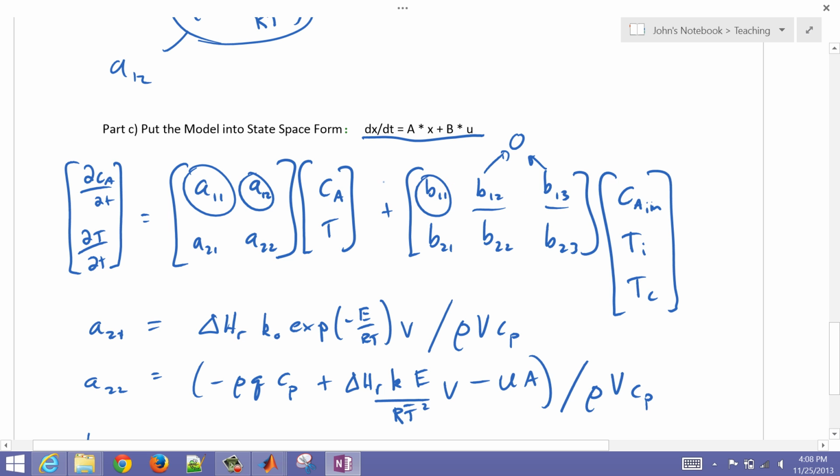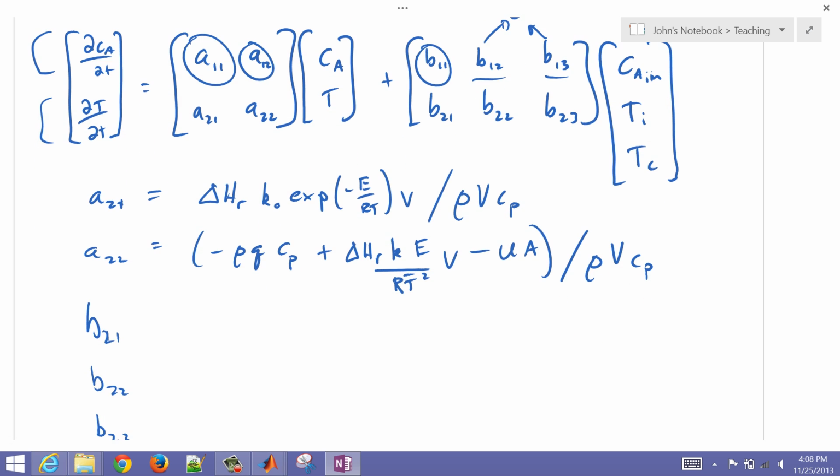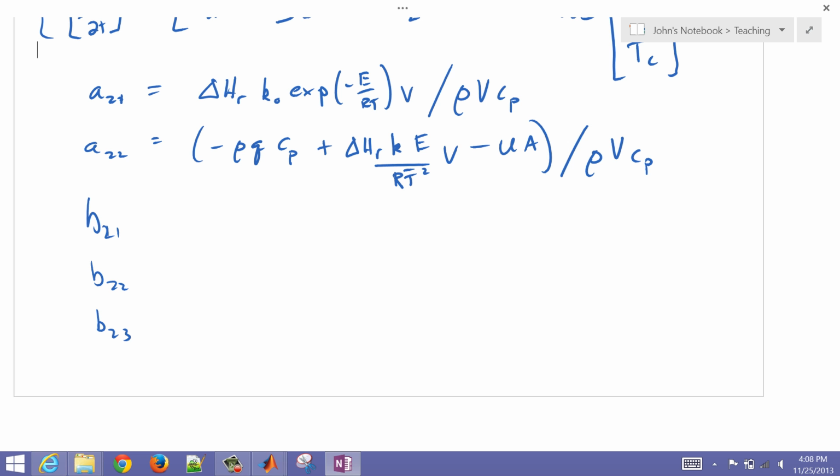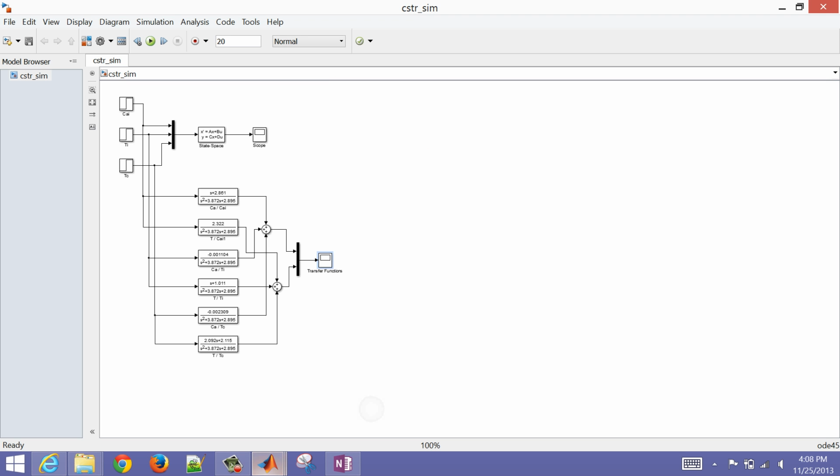We really only went through this first equation. This was our species balance, and the second row would then be our energy balance, and then put those into state space form. Came back over here to Simulink and simulated those as a state space model, and also as a combination of 6 transfer functions, and saw that those two were equivalent in terms of their representations and how you represent these models.